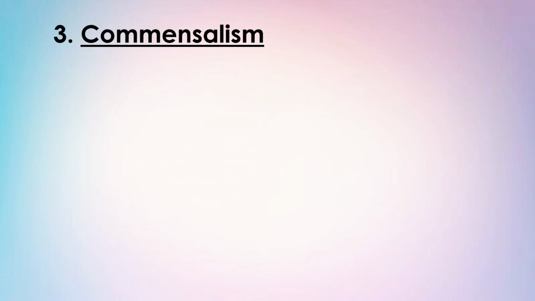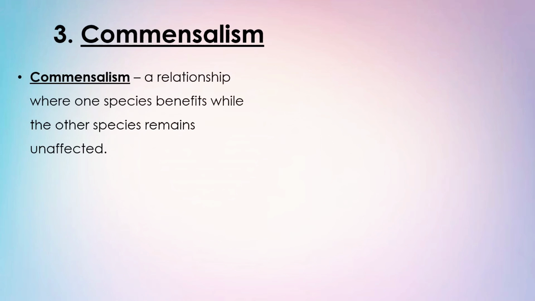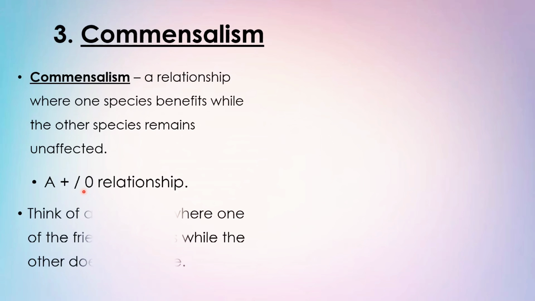Next we have commensalism. When we say commensalism, it's a relationship where one species benefits while the other species remains unaffected. That's why they have the positive and the neutral symbol.